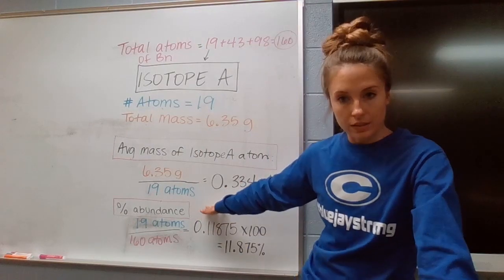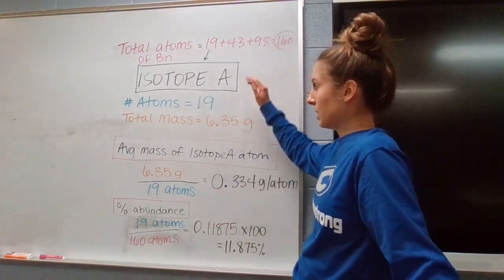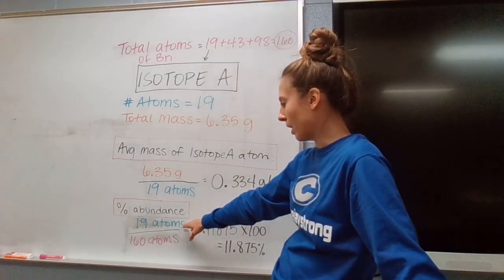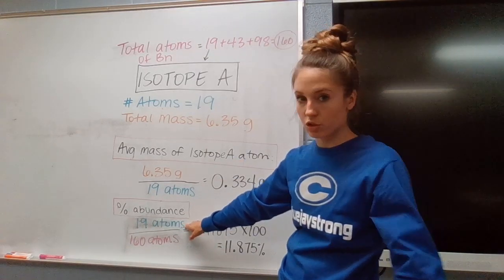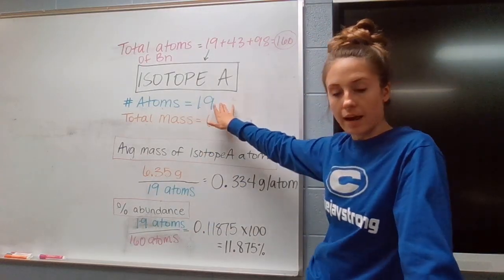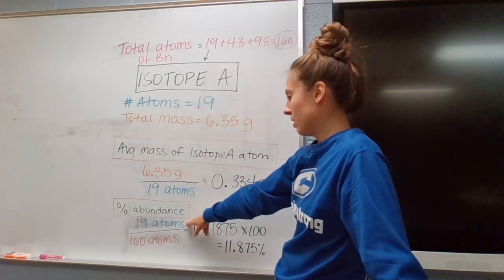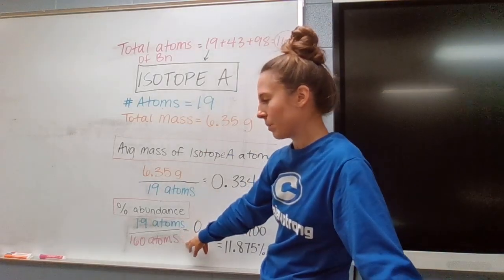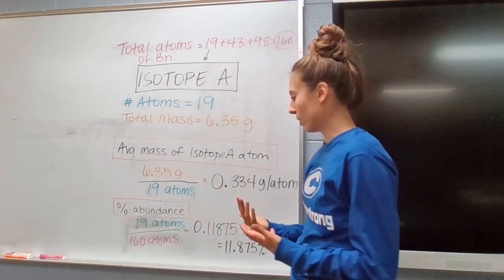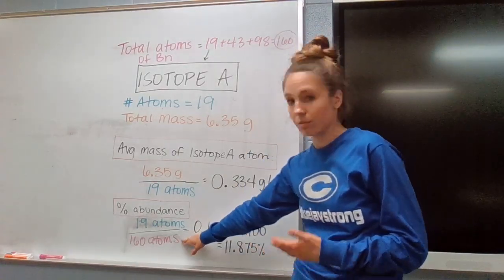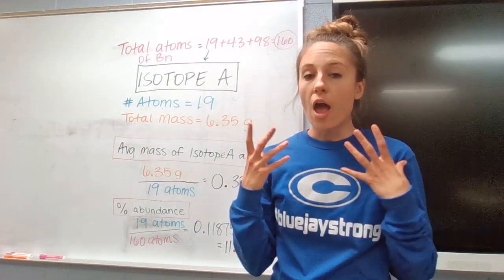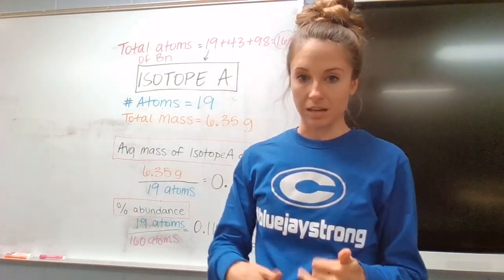The next thing you need to calculate is the percent abundance of each of the isotopes. To do that, you are going to take the number of atoms in the isotope that you are looking at. So we are looking at isotope A. We know there's 19 atoms of isotope A. We're going to take that divided by the total number of atoms of the element Bn, which is the total number of beans that were in my starting bag, because that bag contained every single atom of element Bn.